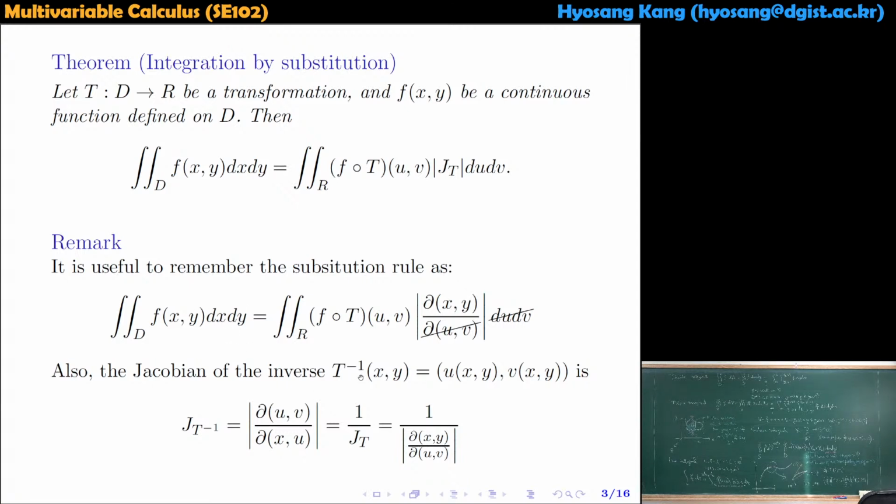And another important and useful thing is that when you represent your Jacobian as this ratio symbol, you can also think about the inverse of the transformation and the Jacobian of that inverse. So the Jacobian of the inverse of T is denoted by del uv over del xy. And that's equal to 1 over the Jacobian of T. So think about this as if it's del y over del x in the single variable function case.